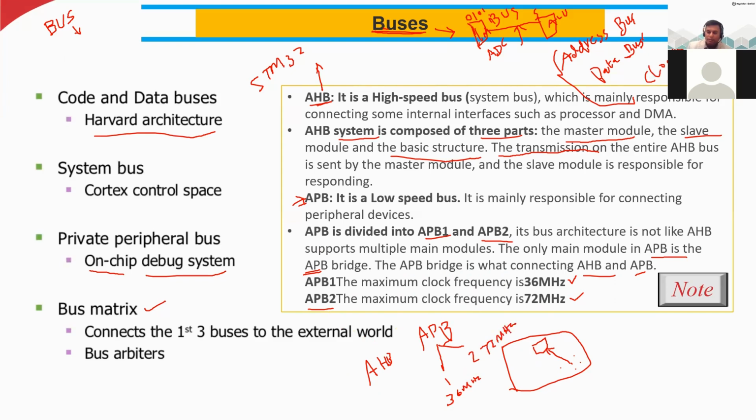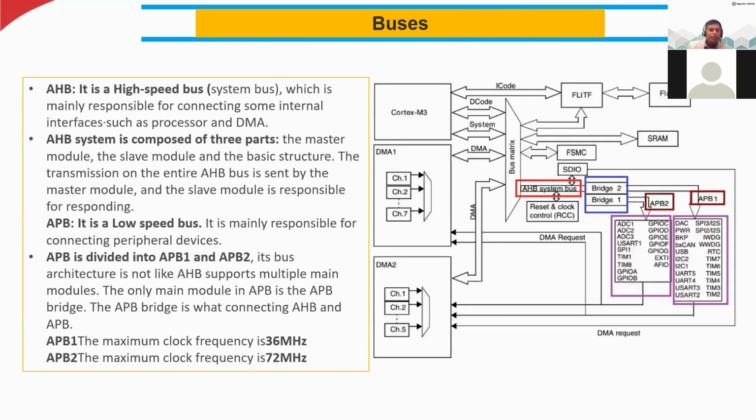Whenever you transfer the data, this is the clock speed it will follow. And AHB has the main module, slave module, and then the basic structure. So that is the bus, mainly.